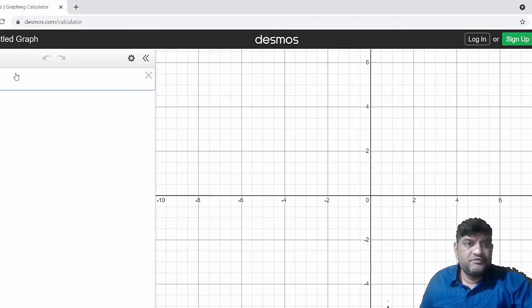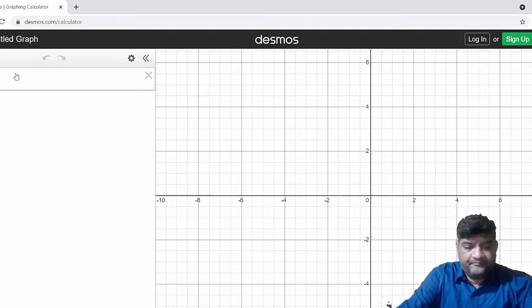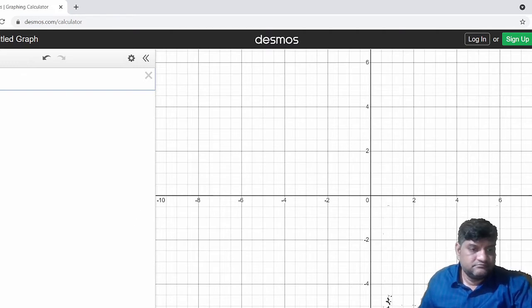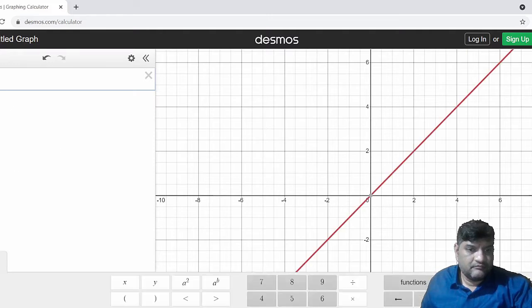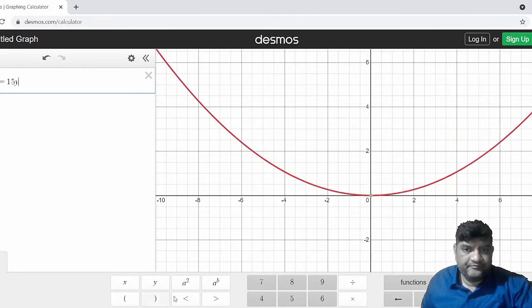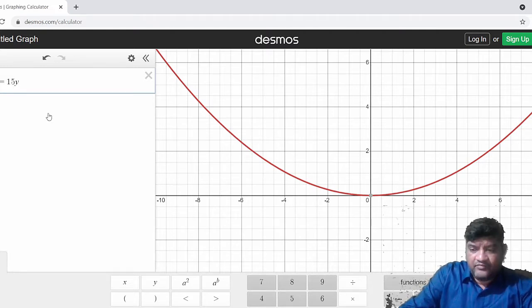What I'm going to do is to plot an equation. Let's say x minus 1 the whole square equal to 15y. That's the first equation.